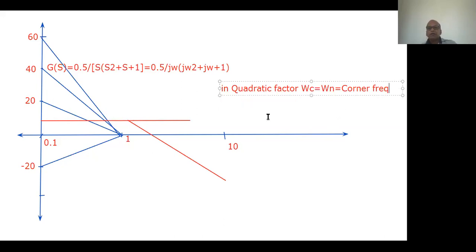In the quadratic factor, omega c is equal to omega n, which is the corner frequency. Omega n in this example is omega n equal to 1.